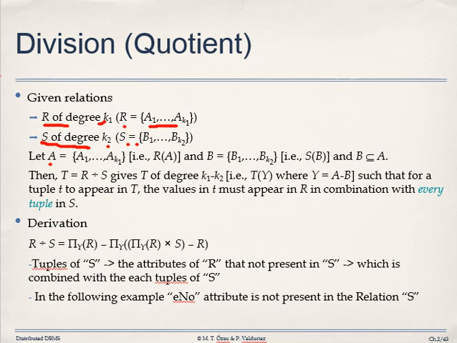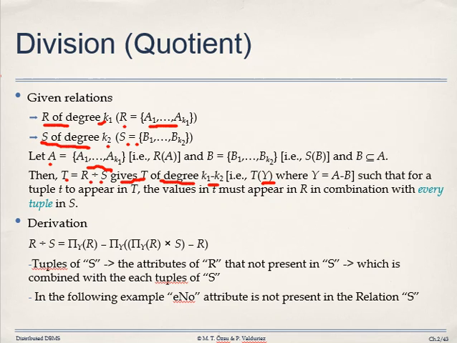So what will we get in the result? Here T, that means the result, R divided by S gives T of degree K1 minus K2, where Y is equal to A minus B.